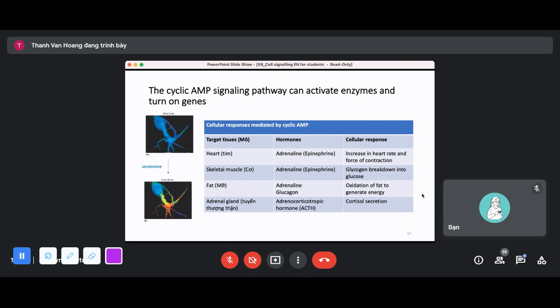So you can see here that many processes that we know in our body use cyclic AMP to transduce the signal.